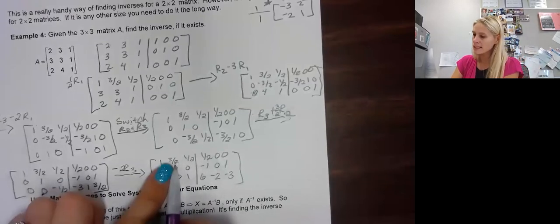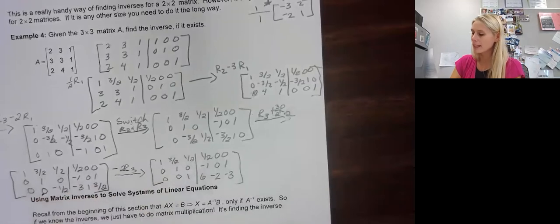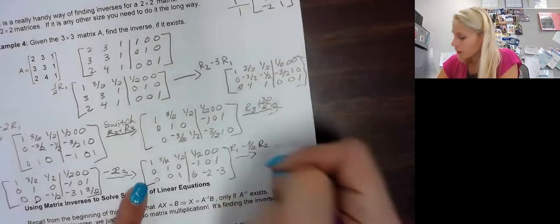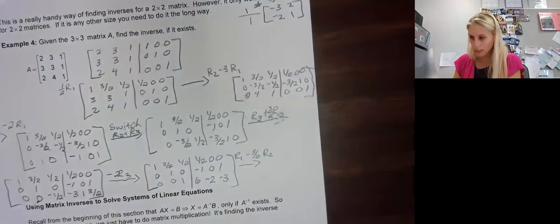Now I got to come back up here, right? So next I'm going to get rid of this 3/2 and make it a 0. I can make it a 0 by saying row 1 minus 3/2 row 2. Gosh, I'm running out of room.